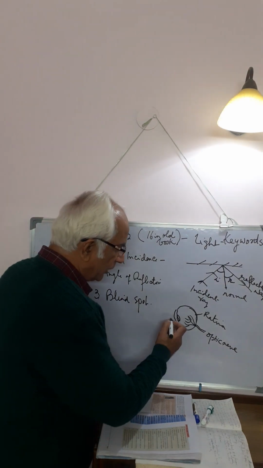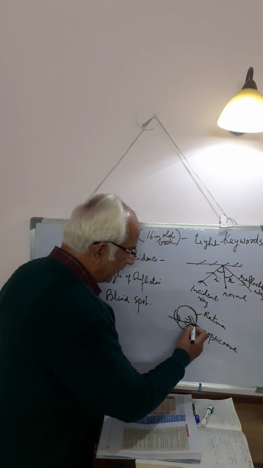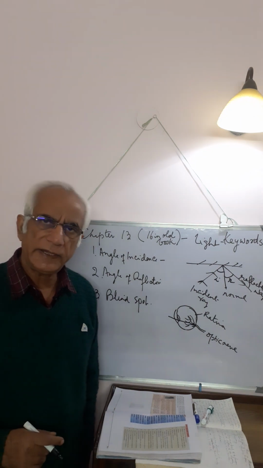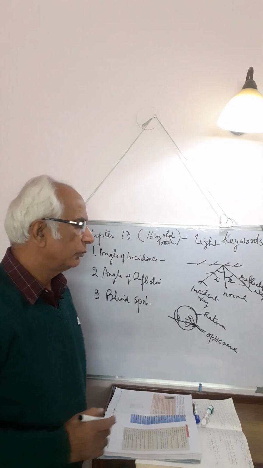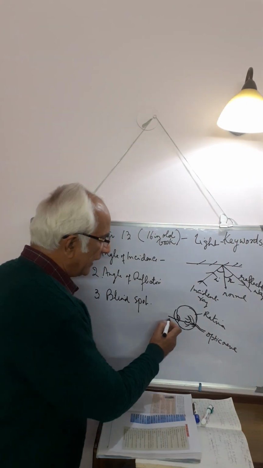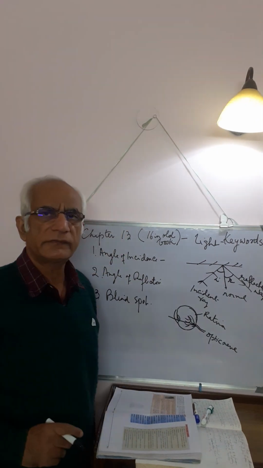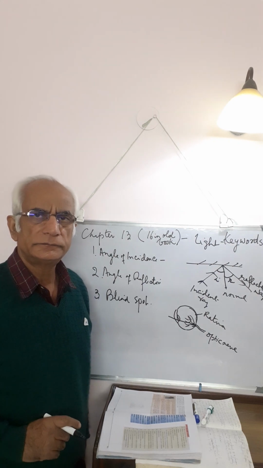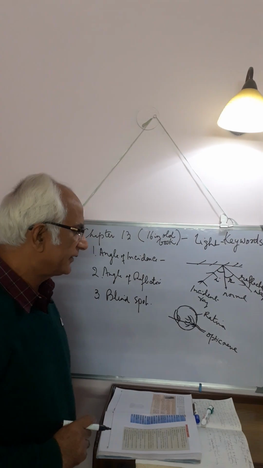Okay? Because the light falling here does not generate an image in our brain, we say it is a blind spot. We can't see anything if the light falls only at this point. So this is called blind spot.